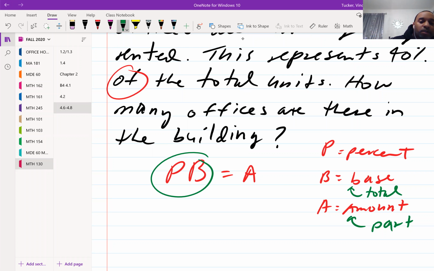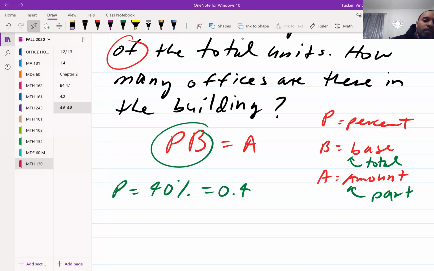So my percent is 40%, which would be 0.4 as a decimal. My base is my unknown because we don't know 40% of the total number. And then that amount is those 50 offices. We know 40% of the total number is 50. So that's the part of the total number.